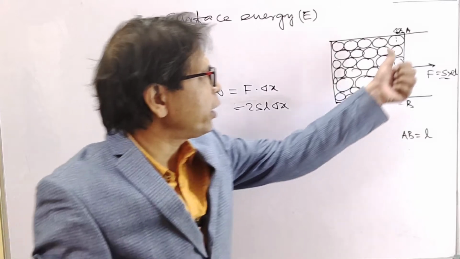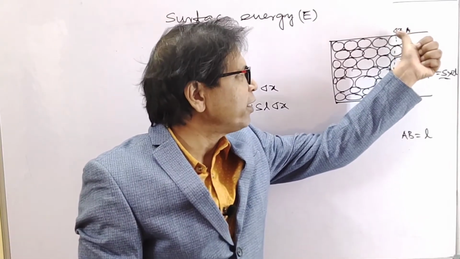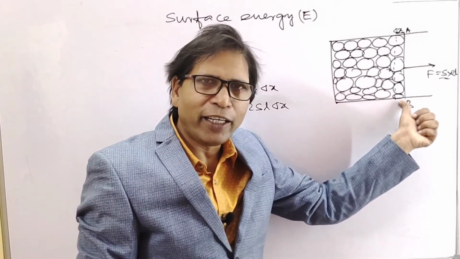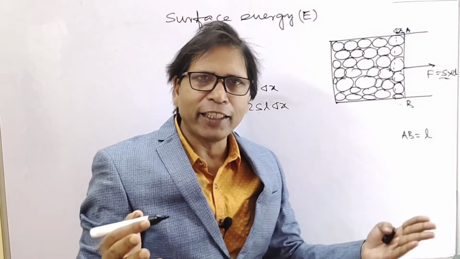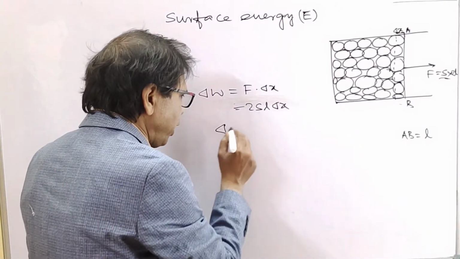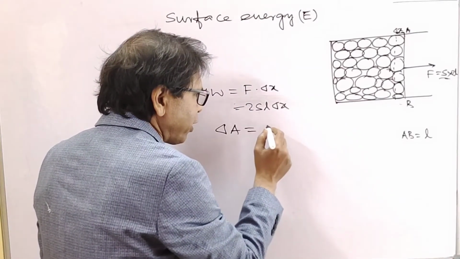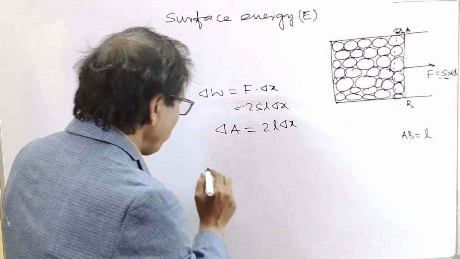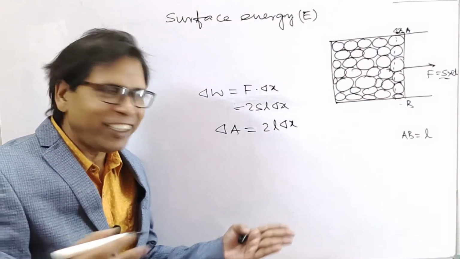Now what will be the increase of surface area? The increase of surface area is L into delta x, and the inner side is also L into delta x. So the increase of surface area delta A is equal to 2 into L into delta x. Now what is the surface energy?